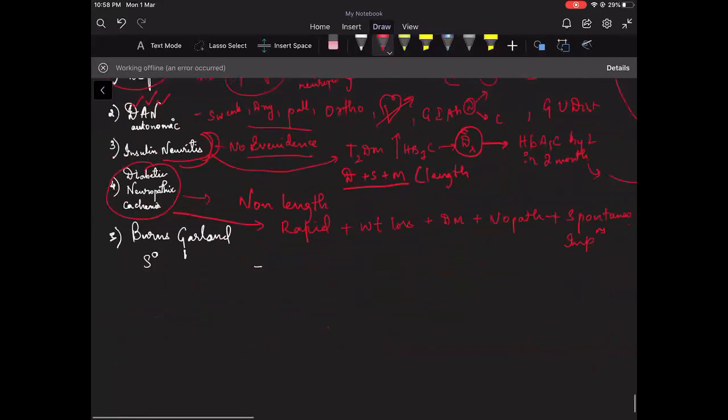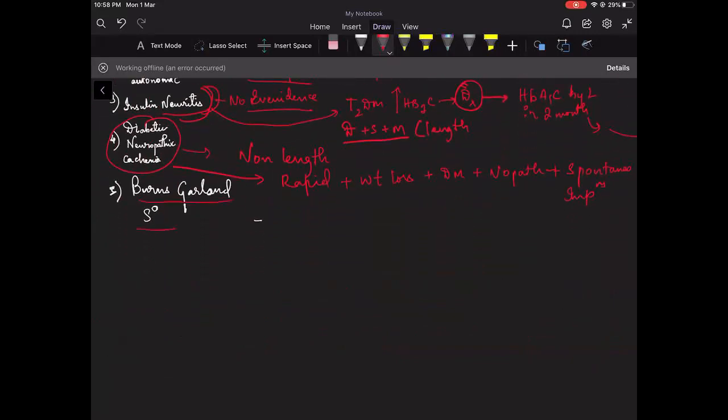Next is Bruns-Garland syndrome. The patient will have diabetic polyradiculopathy, diabetic amyotrophy. All these are various terminologies of Bruns-Garland syndrome. The patient will present with radiculopathy or radiculoplexopathy. It can involve the lumbar region predominantly rather than cervical or thoracic.